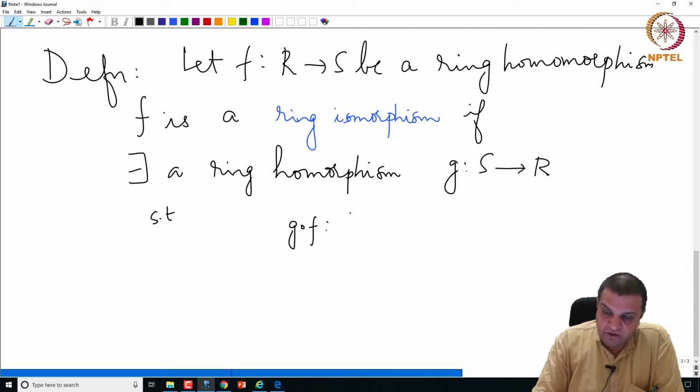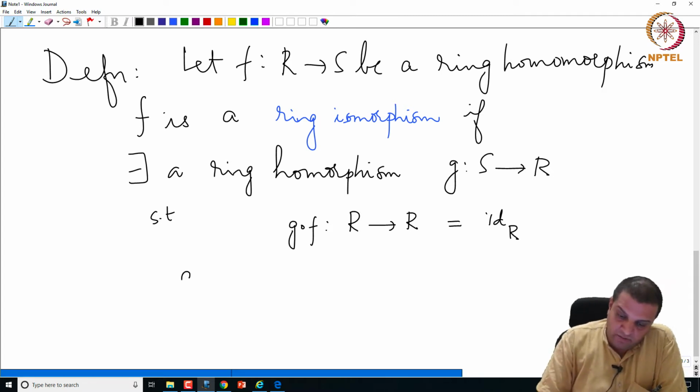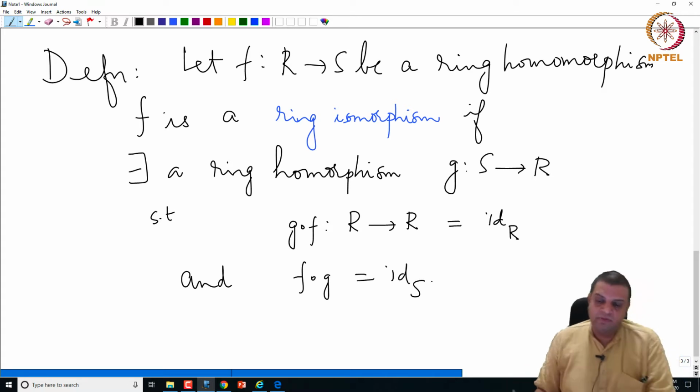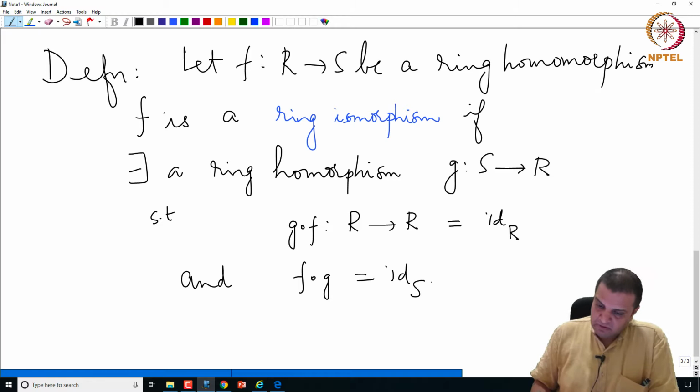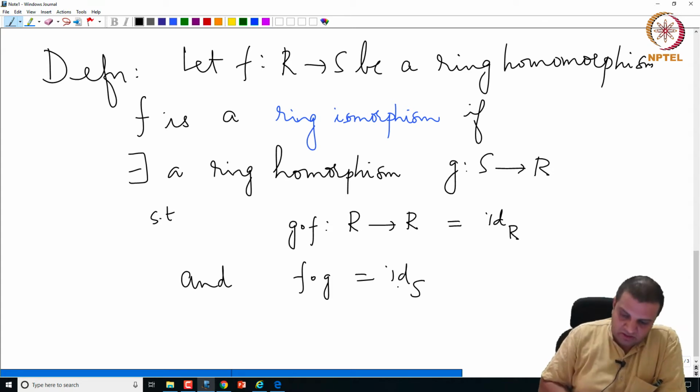So this is going to be a map from R to R, is the identity map on R. And this is a map from S to S, and this is the identity map on S. The function on R to R given by this composite is the identity map, and this is the identity map on S.